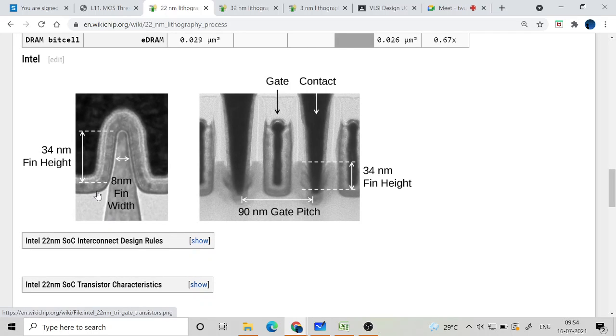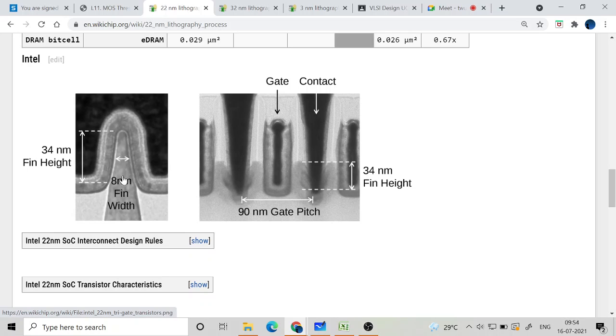So FinFET is something like this, as you can see here. If you compare it with the MOSFET, which has a planar structure, the FinFET has something like a 3D structure. You can see that the gate is covering 3 sides: top, then left side and right side. On the bottom side you don't have a gate.